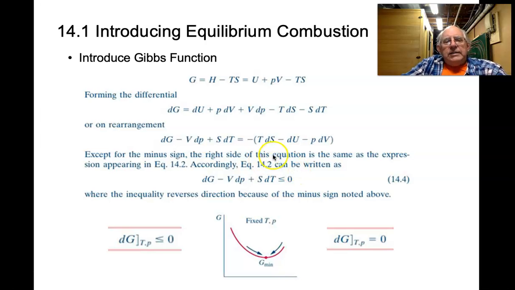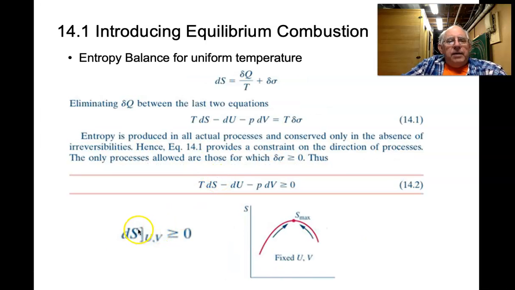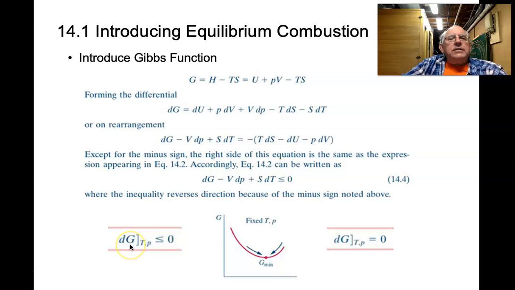And so what this tells us is, if instead of looking at the concept of entropy for a constant internal energy and volume, we looked at this Gibbs function at a constant temperature and pressure condition, we see that the Gibbs function will be driven to a minimum as we go to equilibrium. So once again, we have an equilibrium state that is defined by the Gibbs function.